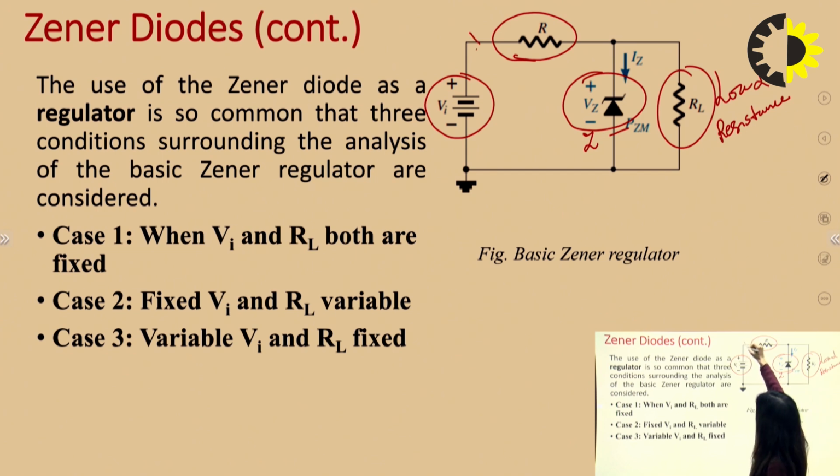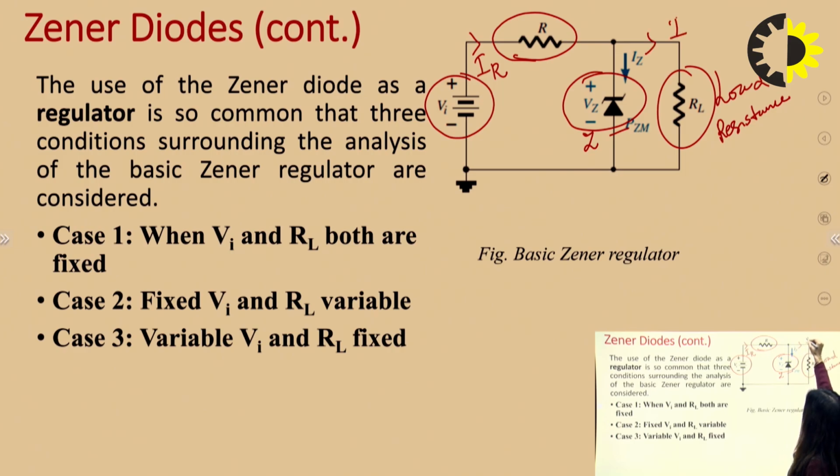Suppose this input voltage gives a current of IR, and here this is Iz. IL is the current through this RL. These are the notations which we use for solving these circuits. Here we can apply Kirchhoff voltage law and Kirchhoff current law to solve the complete circuit.